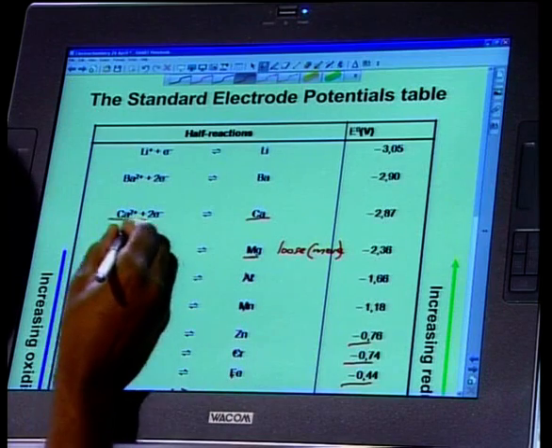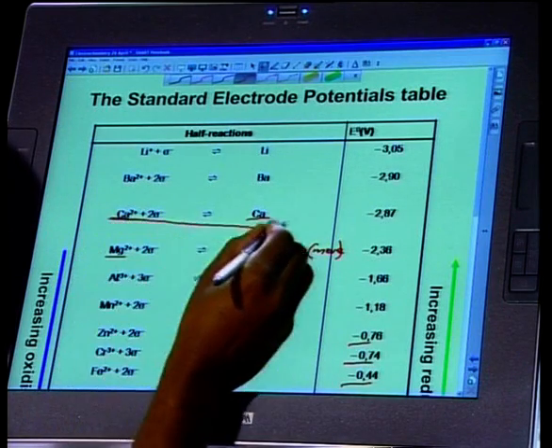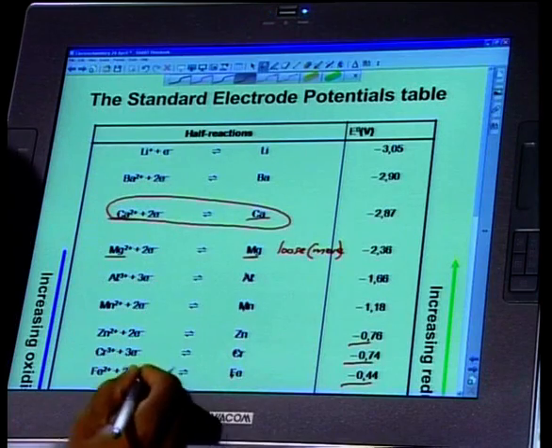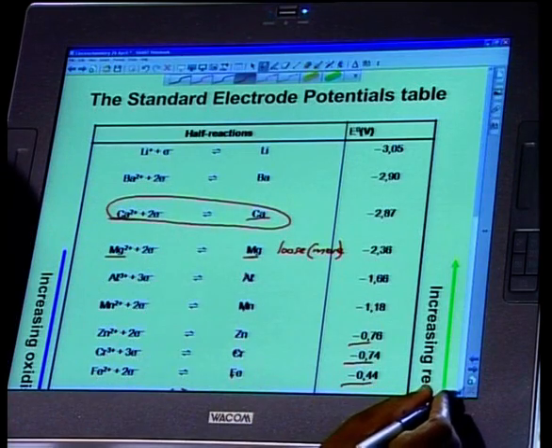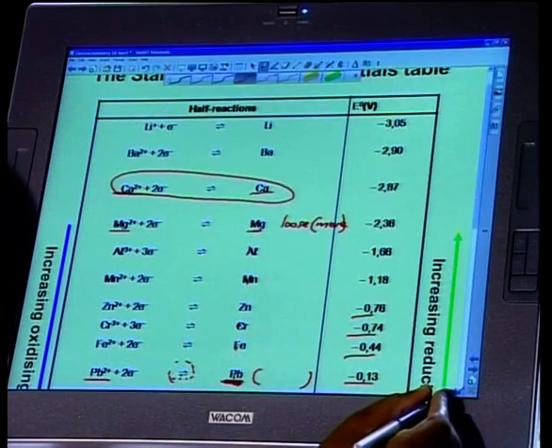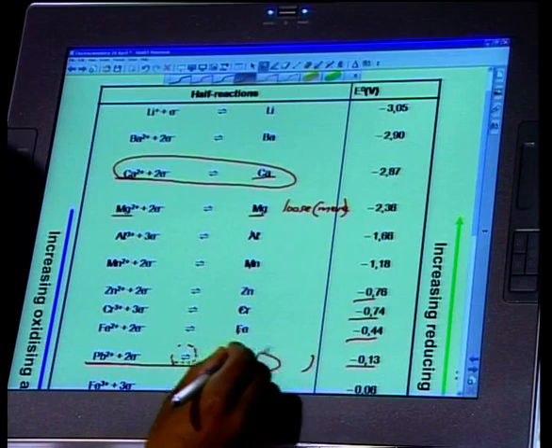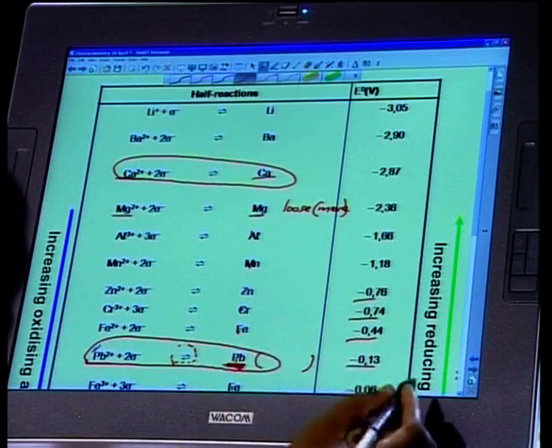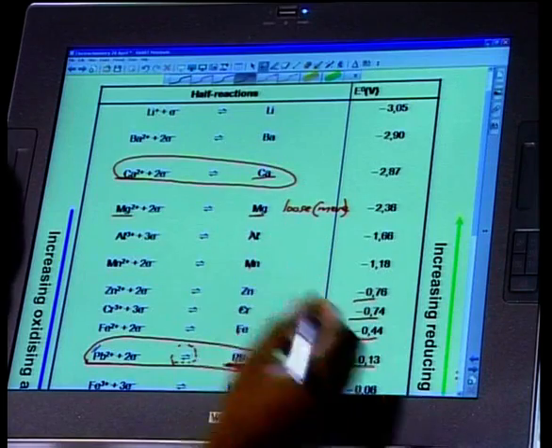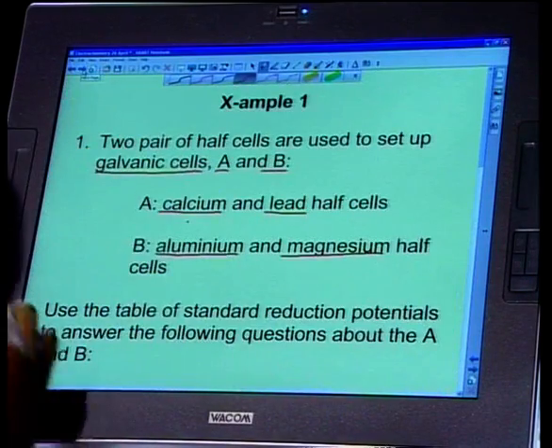So we've got calcium there, and we've got lead down here. Let's get the others as well quickly so that we don't waste time.